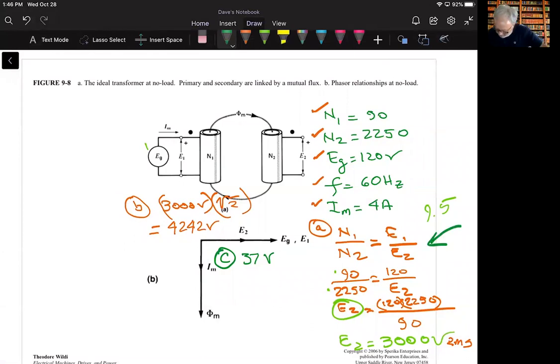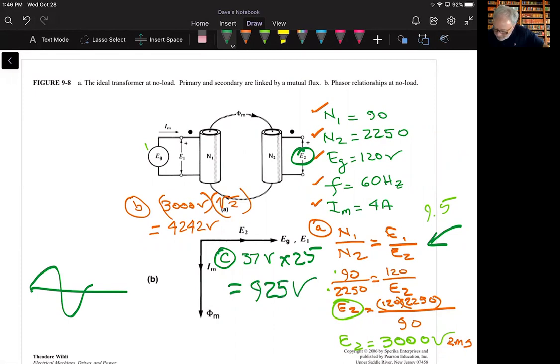If I'm at a point in a sinusoidal waveform where I'm at 37 volts, all I have to do is say 37 times 25, which gives me 925 volts. So if I had 37 volts here at that particular instant, I would have 925 volts here.